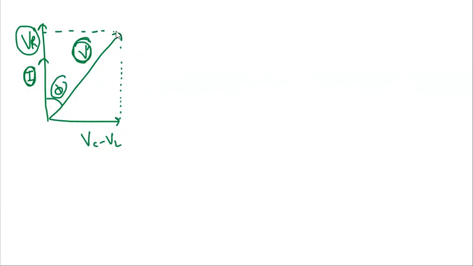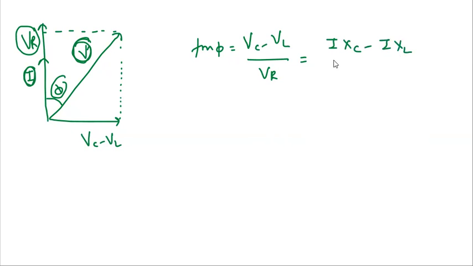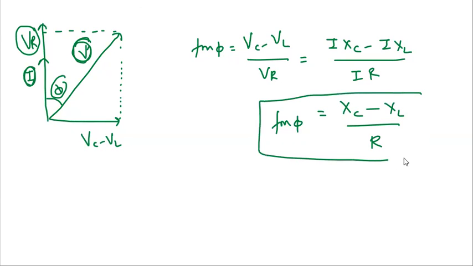Now tan phi will be equal to the perpendicular, VC minus VL, divided by the base, VR. Putting VC as I XC, VL as I XL, and VR as I R, tan phi will be XC minus XL divided by R. This is how you calculate the phase difference between current and voltage.